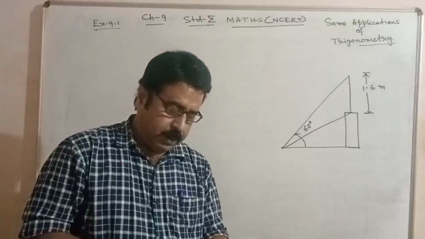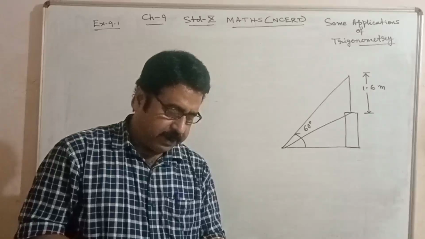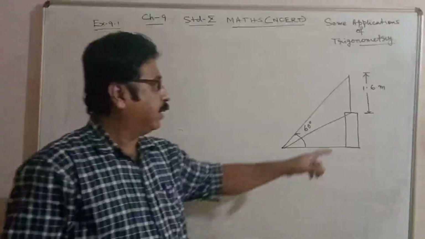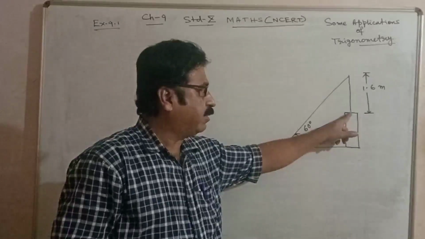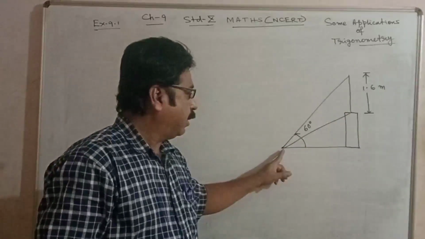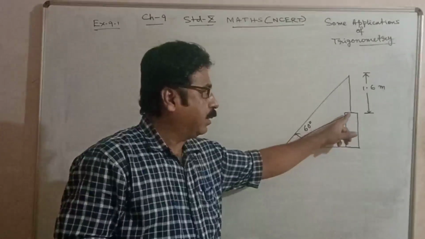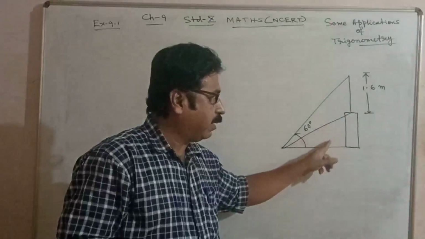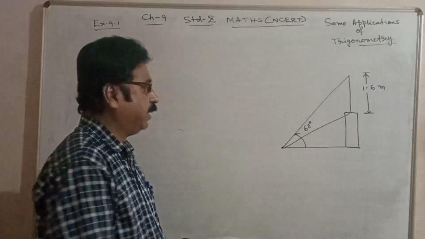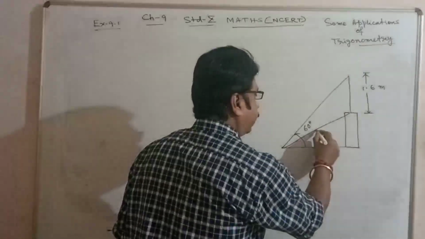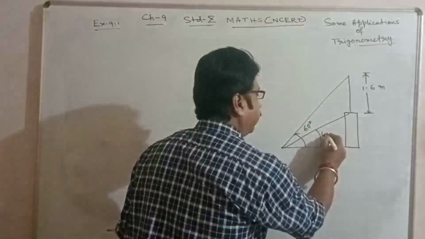Next, from the same point, the angle of elevation of the top of the pedestal. This is the top of the pedestal, this is the bottom of the pedestal. From this point, the angle of elevation of the top of the pedestal is given 45 degree.